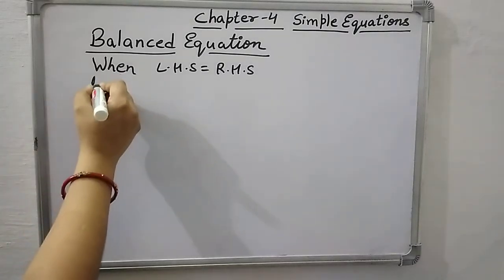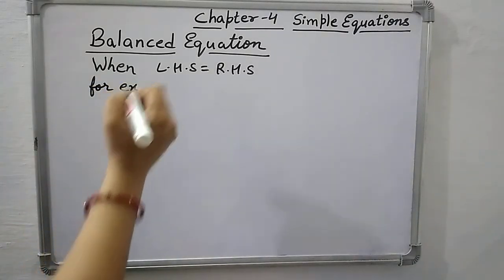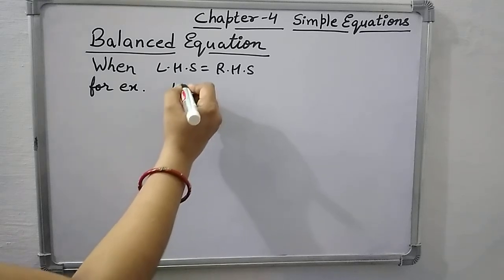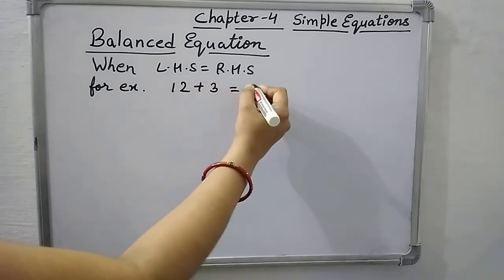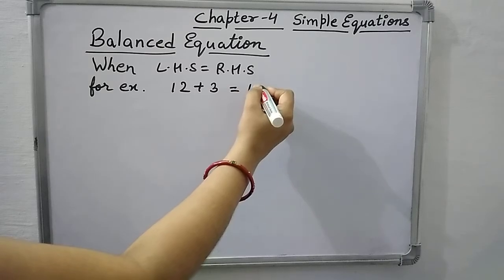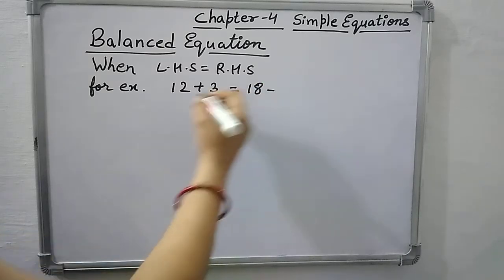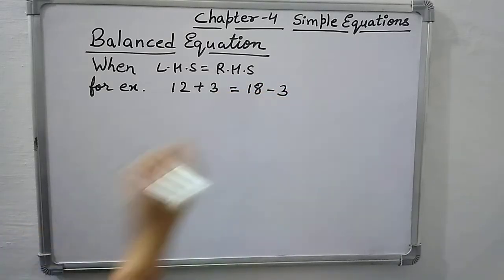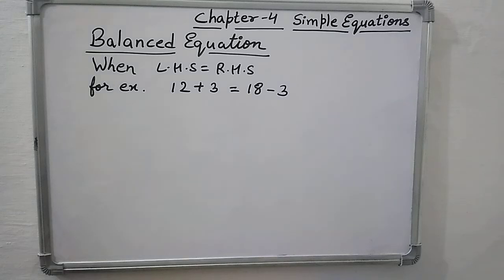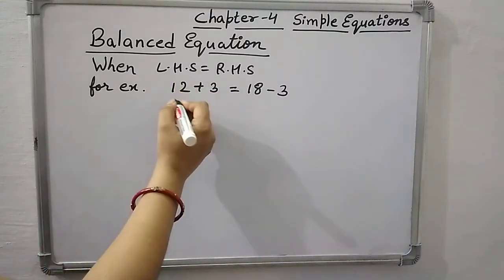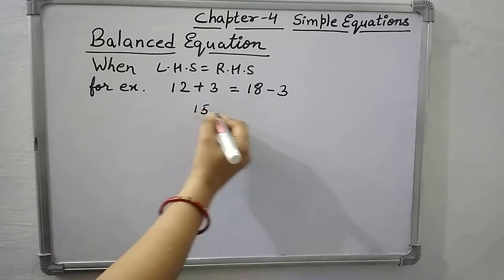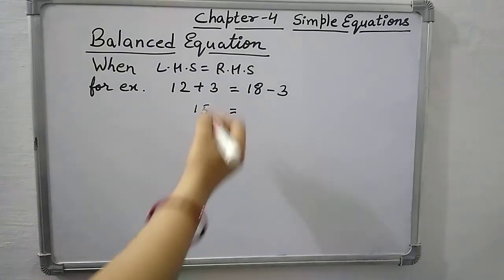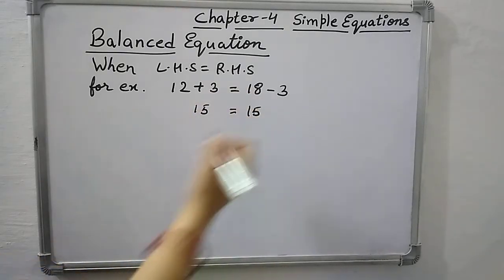For example, (12 plus 3) equal to 18 minus 3. We can see value of LHS is 15 and value of RHS is also 15.